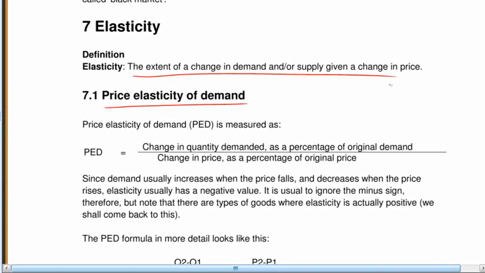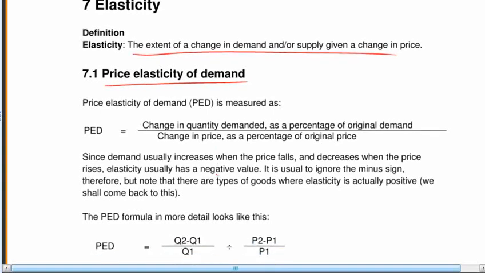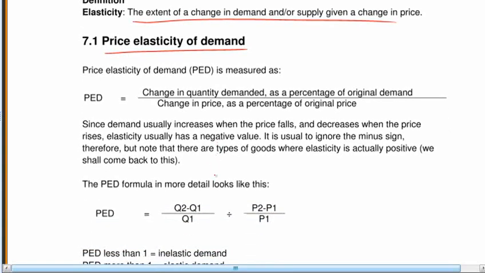Now you may well have to calculate price elasticity of demand, in which case you do need to remember this formula. It's defined as the percentage change in the quantity demanded divided by the percentage change in price. So remember, quantity on top, price on the bottom.